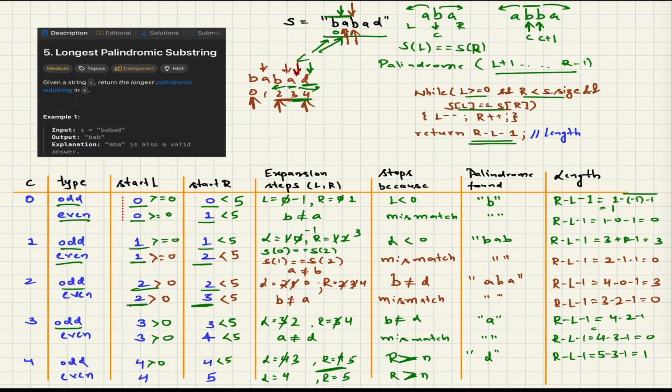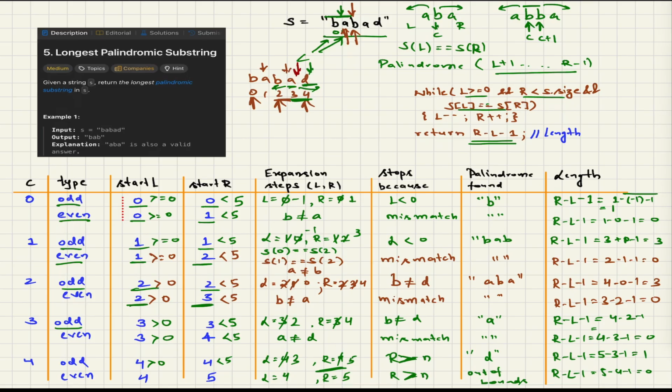Yes, it is greater than n, so we are going out of bounds. And then obviously R minus L minus 1 will lead to 5 minus 4 minus 1, which is nothing but 0. We will find the 0 substring like that.